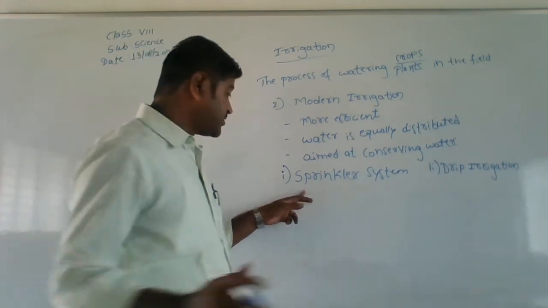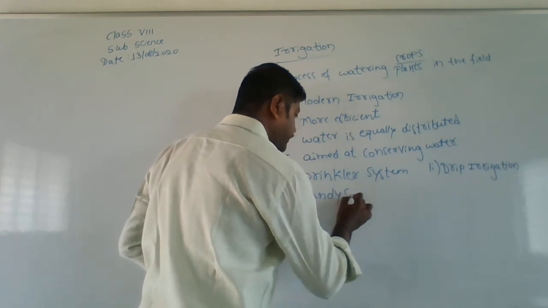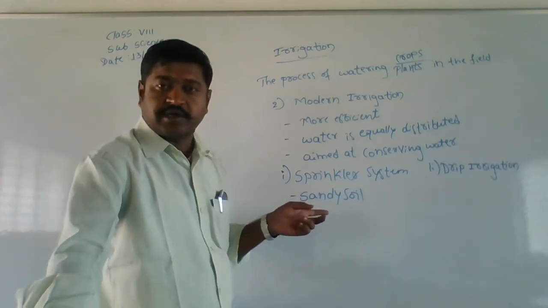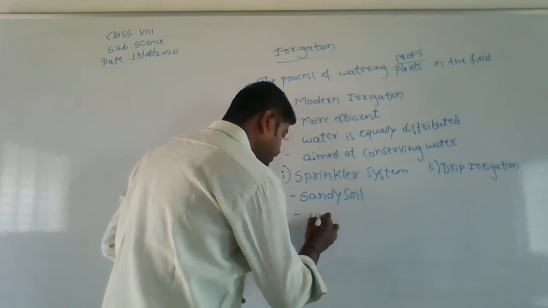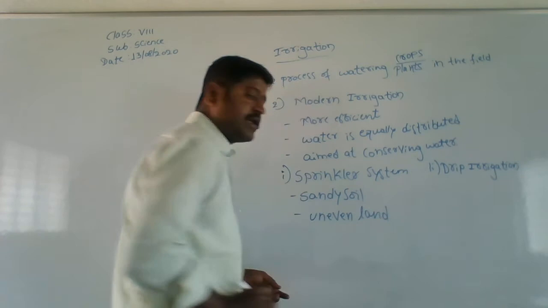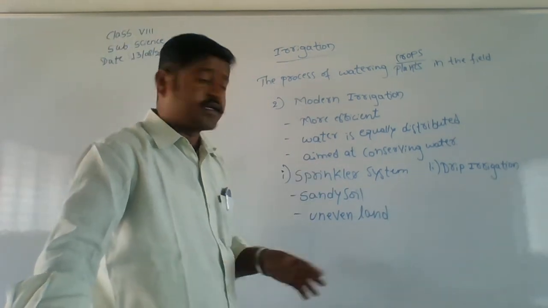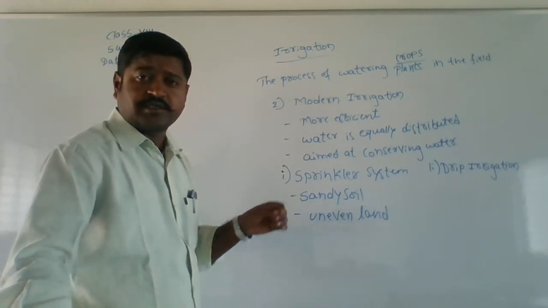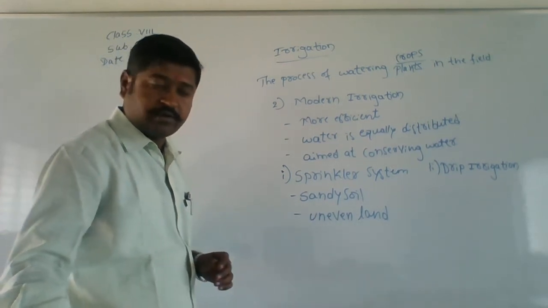This sprinkler system is recommended for sandy soil and for uneven land, meaning land which is not flat throughout, where water is not sufficient or where water is not available.